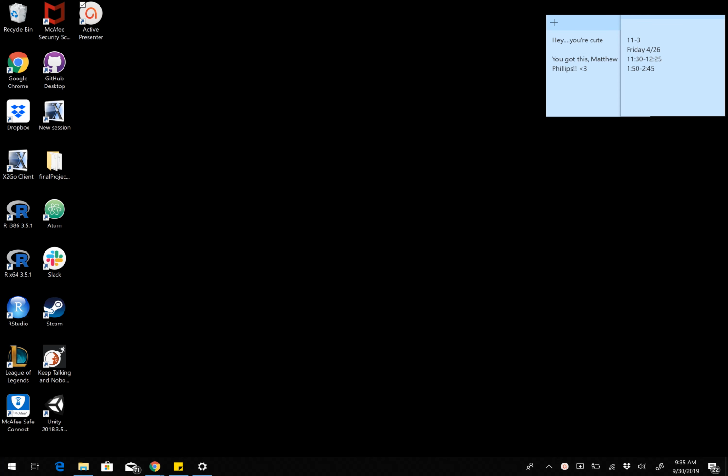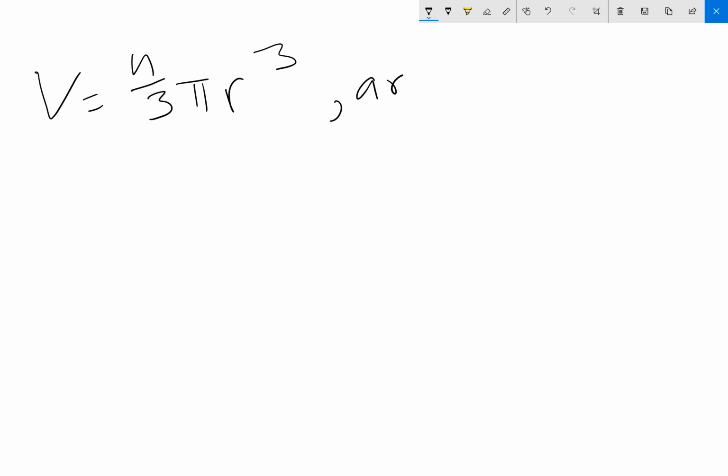Guys, so we continue. Okay, so now we're on number 3 of the study guide. It says for the volume of the sphere, V equals 4/3 pi r cubed. Find the average rate of change on the interval 2 to 7 inches.